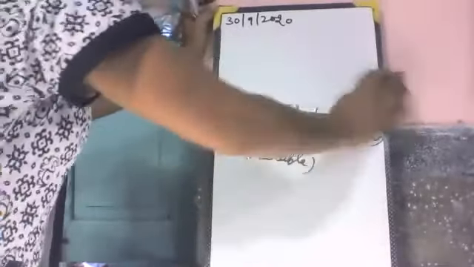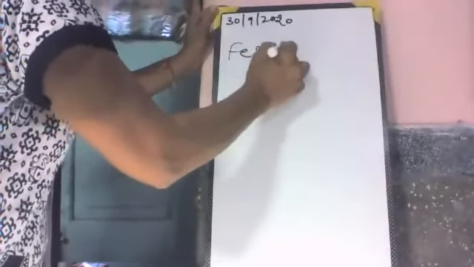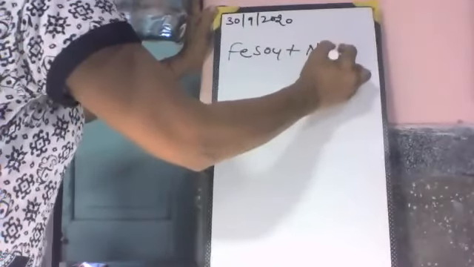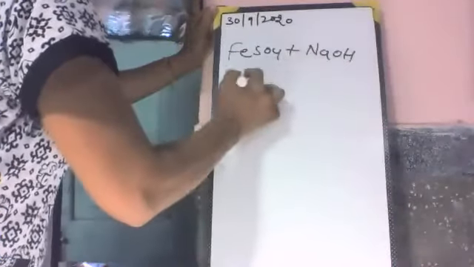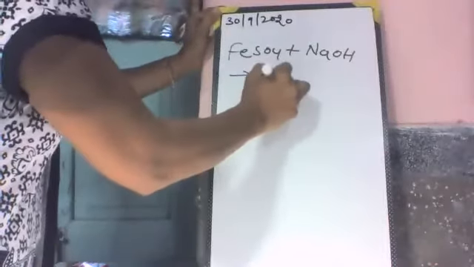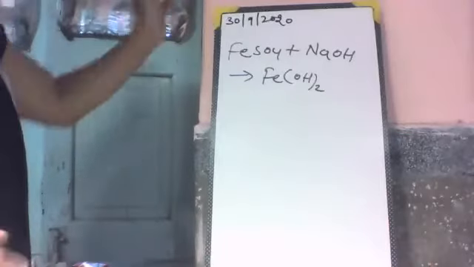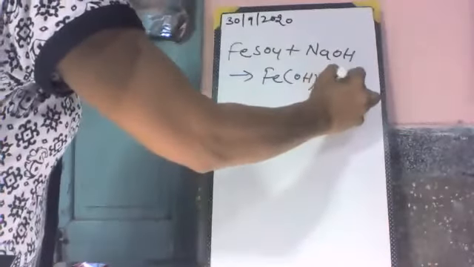ferrous sulfate reacting with sodium hydroxide. This is the ferrous sulfate. It reacts with sodium hydroxide to form ferrous hydroxide and sodium sulfate.